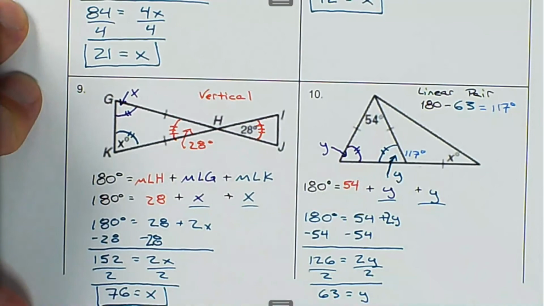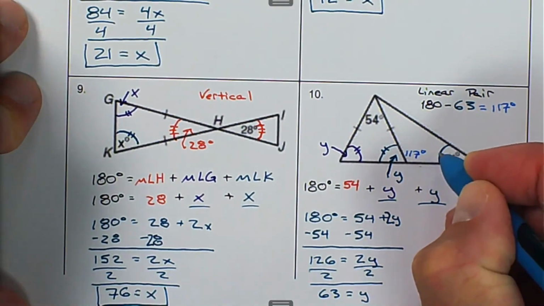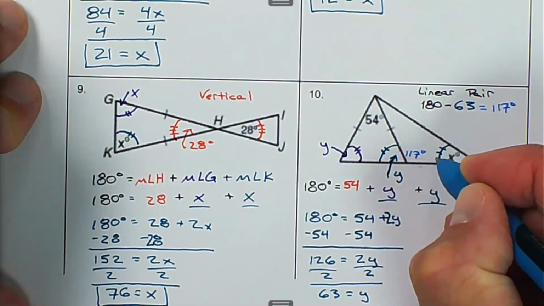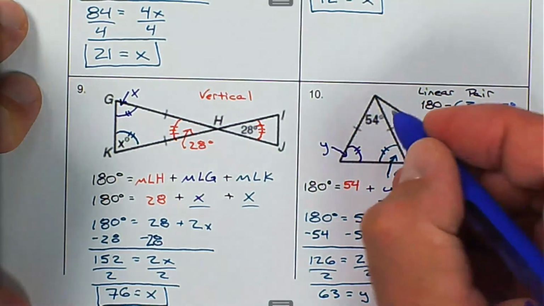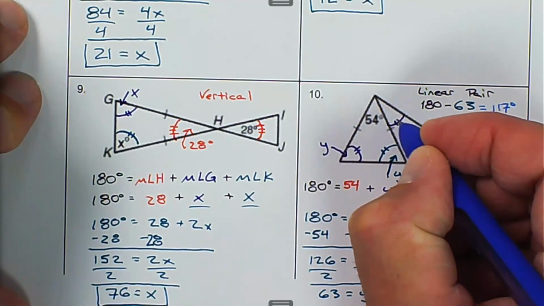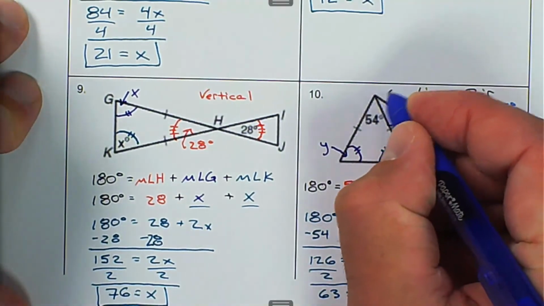Now we have another isosceles triangle. So if we know that this angle is congruent to this angle, and this angle is x, so this angle also has to be x.